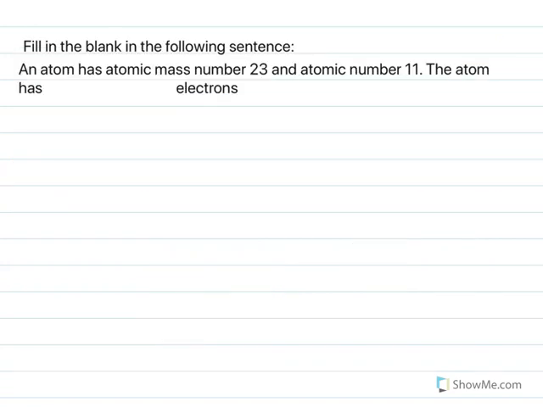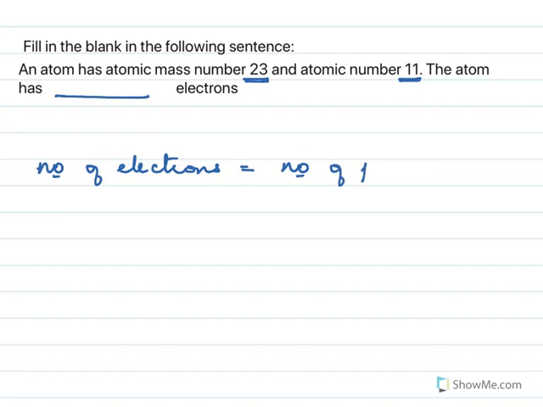An atom has atomic mass 23 and atomic number 11. The atom has blank electrons. Now, number of electrons is equal to number of protons, and we know number of protons is atomic number.